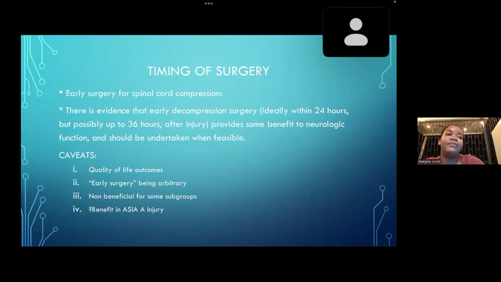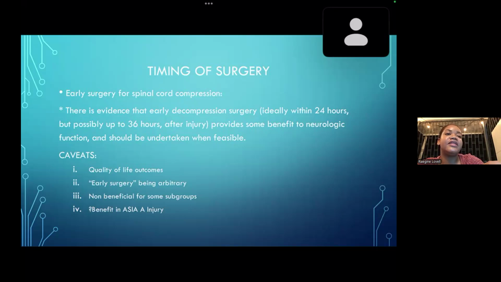Also, post-op changes in total motor scores decreased as time to decompression from injury increased during the first 24 to 36 hours, then plateaued after 24 to 36 hours following spinal cord injury.